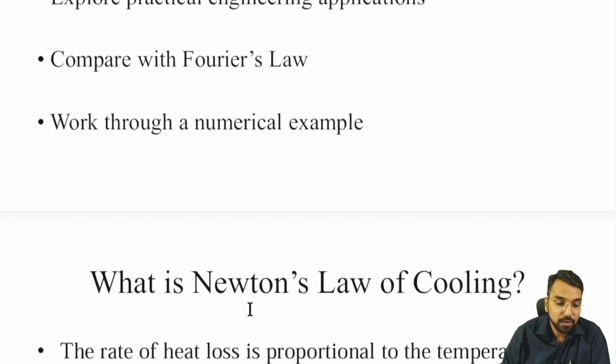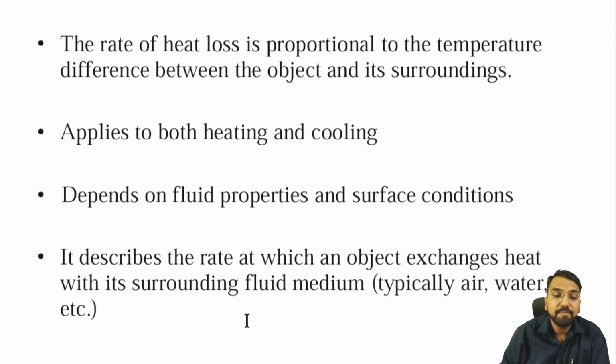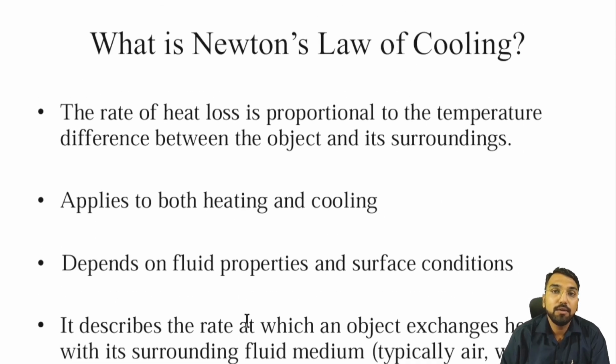So what is Newton's law of cooling? The engineering definition: the rate of heat loss is proportional to the temperature difference between the object and its surrounding. What does this mean? Take the example of a metal rod.